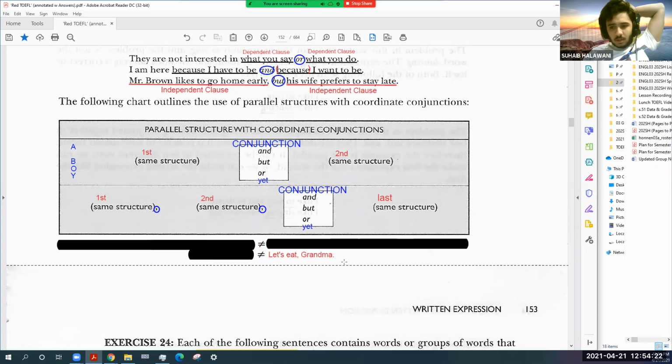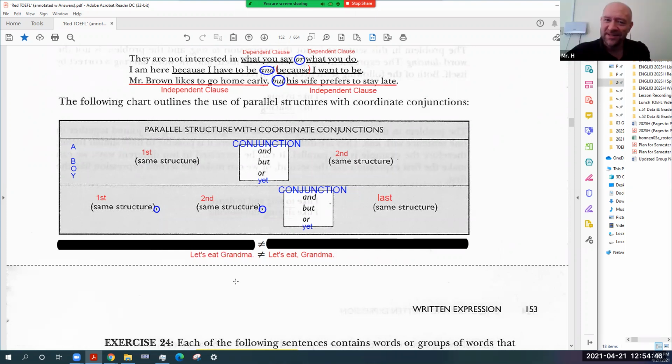I'm just showing you why commas are important. This is called the Oxford comma. So you're saying, Grandma, let's eat, right? Read this one, Osama. Let's eat Grandma.